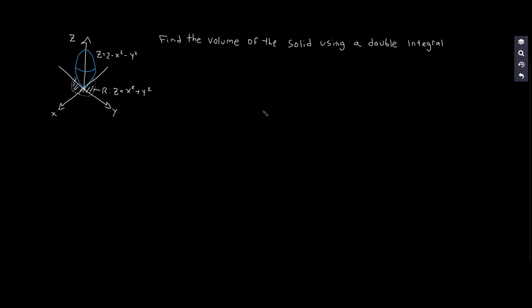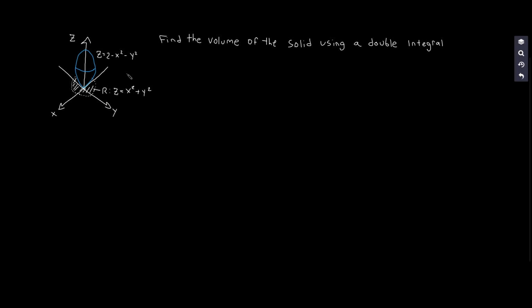Let's try this problem. It says to find the volume of the solid using a double integral, and we're given this elongated, 3D elliptical thing with an equation of 2 minus x squared minus y squared.